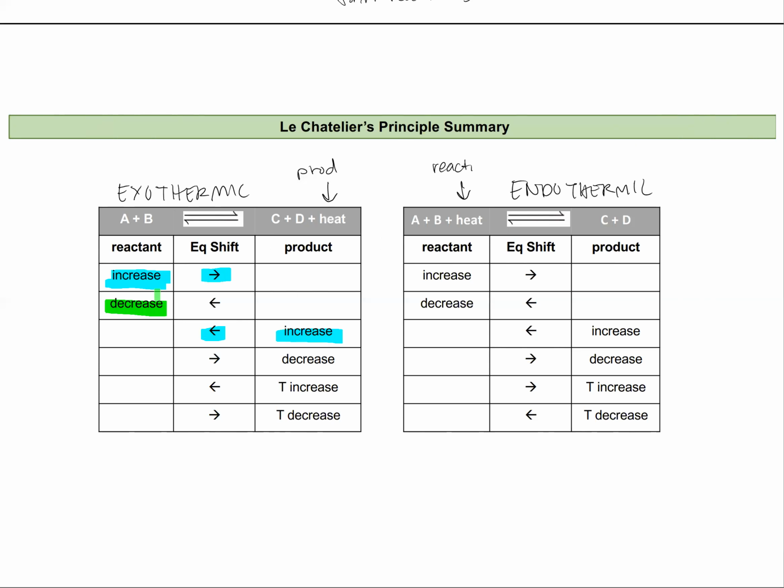And if we decrease a reactant or product, we can see that we shift our equilibrium to form more of whatever we decreased. So if we reduce a reactant or product, we're going to try to backfill and make more of whatever we got rid of. And so that's a pattern that will hold for temperature too, for exothermic and endothermic.